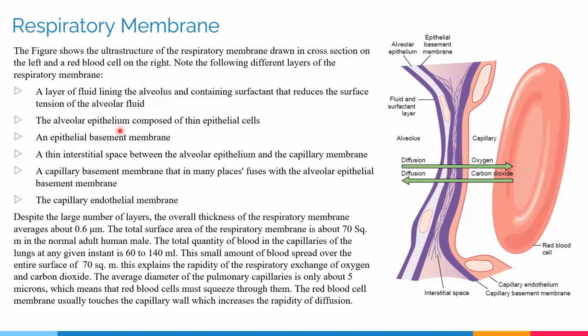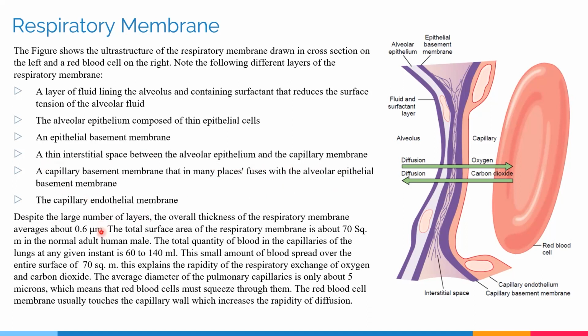Next is the alveolar epithelium composed of thin epithelial cells followed by the epithelial basement membrane. Next is a thin interstitial space between the alveolar epithelium and the capillary membrane. Next is the capillary basement membrane itself that in many places fuses with the alveolar epithelial basement membrane. And finally, we have the capillary endothelial membrane.